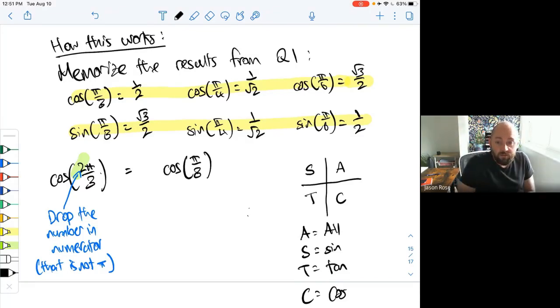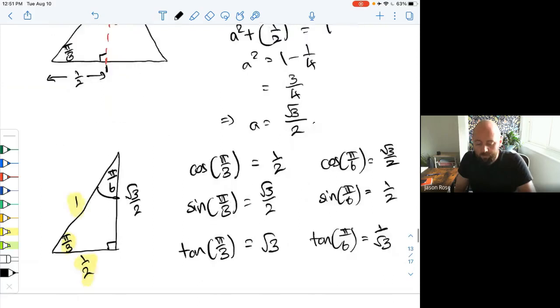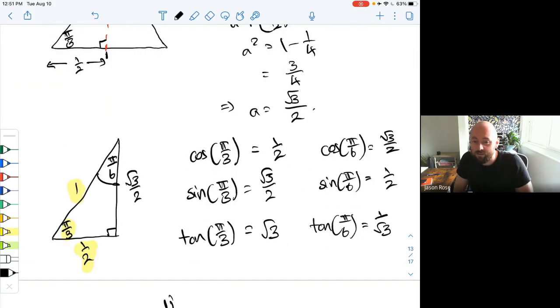That list in yellow, those are the things we solved with the triangles back here. Remember when we got all these? Cosine of pi over 3 was a half. Cosine of pi over 6 was root 3 over 2. We solved all those back there.